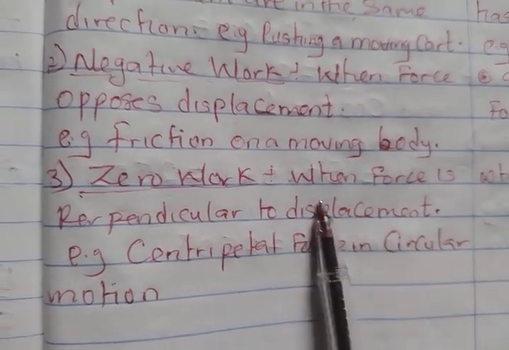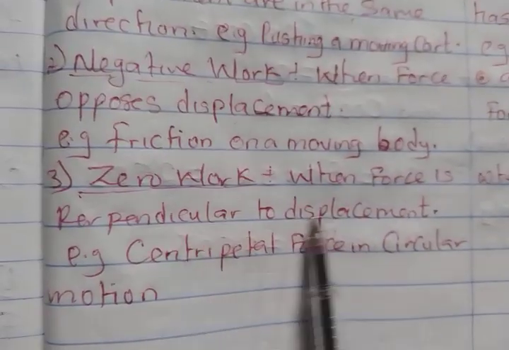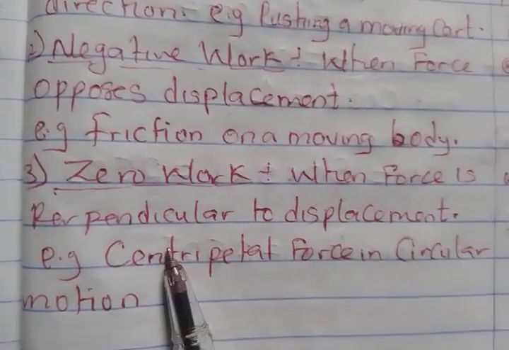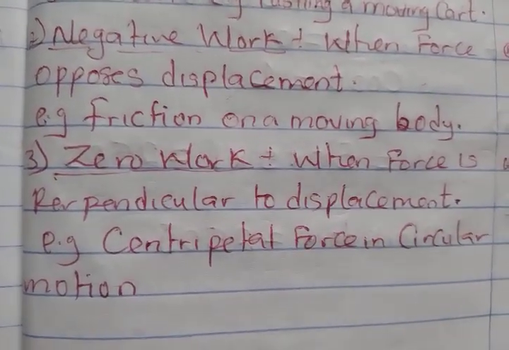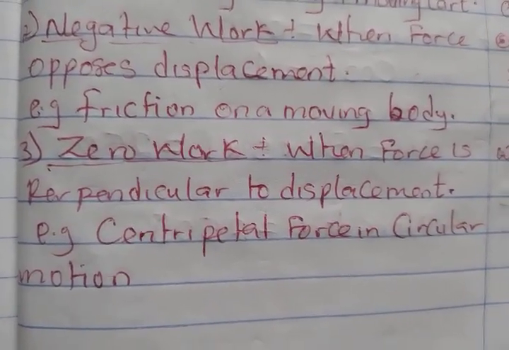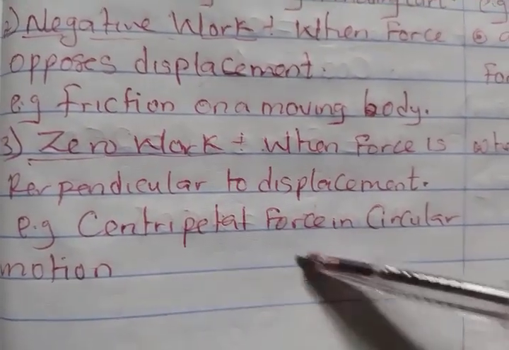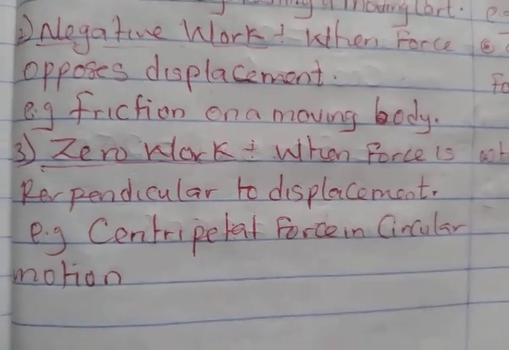The next type of work is zero work. This is when the force is perpendicular to the displacement. An example of this is the centripetal force in a circular motion. Circular motion means motion in a circle, and in that motion we have a force called centripetal force.